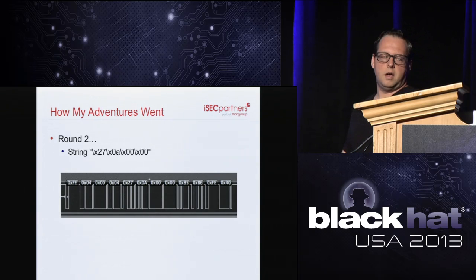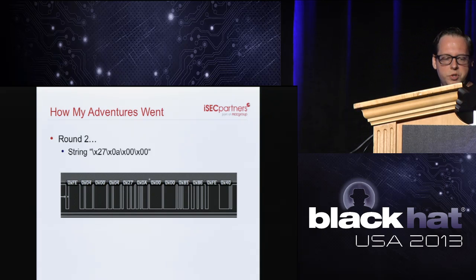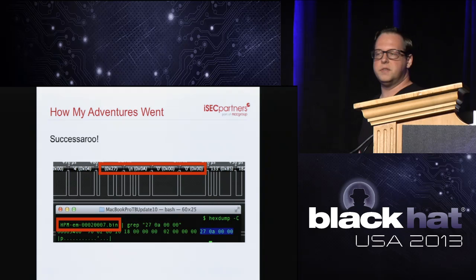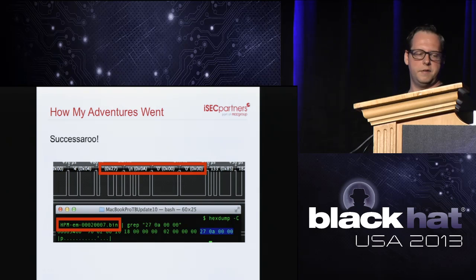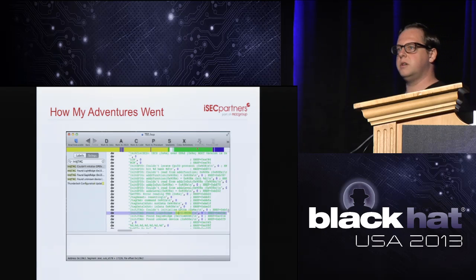We have the hex 27 0A 00 00. We'll grab that out and do another search, and sure enough, we have the same exact image coming back to us. So we're pretty confident that this is the image of the ARM Cortex, and the other is the Thunderbolt image. Now let's look at our EFI program a little bit.